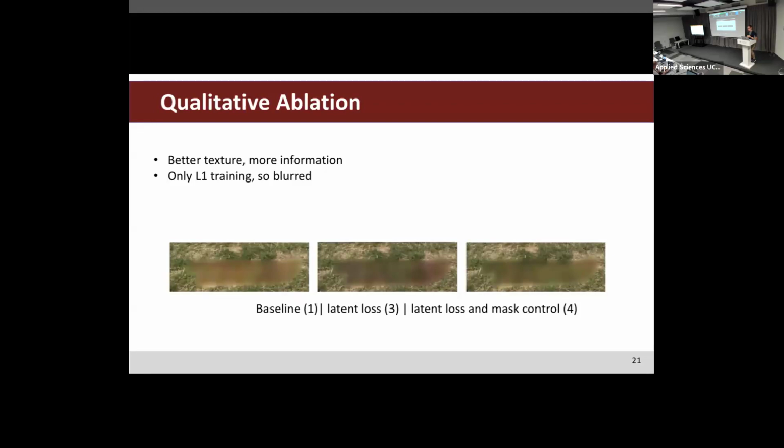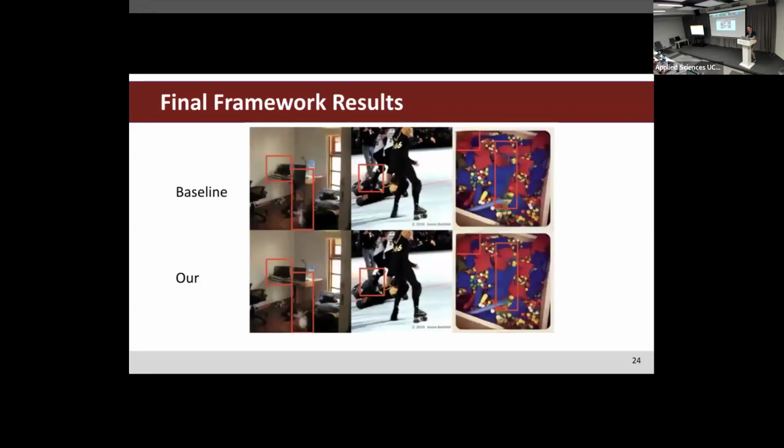So it would be better to show also the better result obtained with the complete or different loss function. And actually here is the final result: baseline with baseline losses, and ours with our added loss.